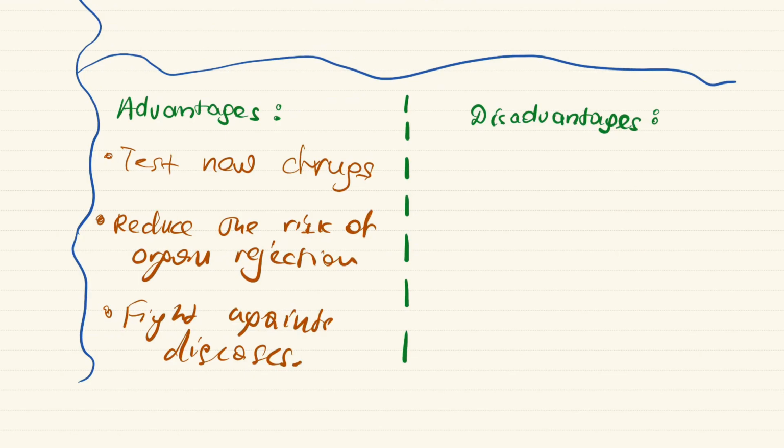And the disadvantages are mainly the ethical concerns, and they are mainly about the embryonic stem cells, as embryonic human stem cells can develop into individual organisms, so some people may find it destroying one's life.